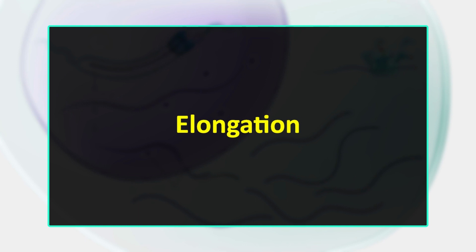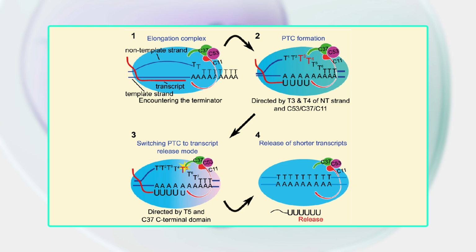Now the elongation step. One strand of DNA, the template strand, acts as a template for RNA polymerase to move. As it reads this template one base at a time, the polymerase builds an RNA molecule out of complementary nucleotides, making a chain that grows from 5' to 3'.